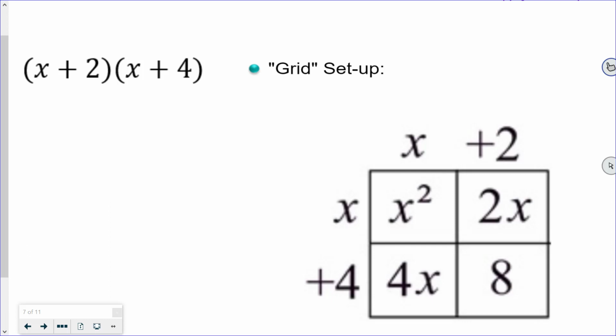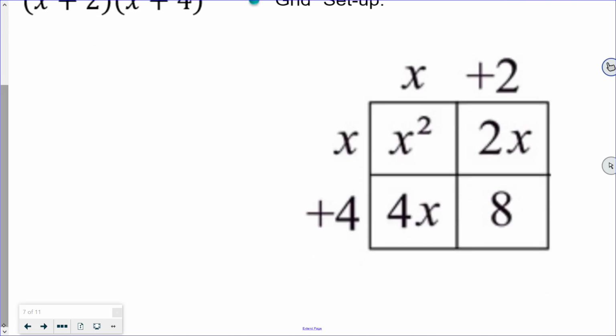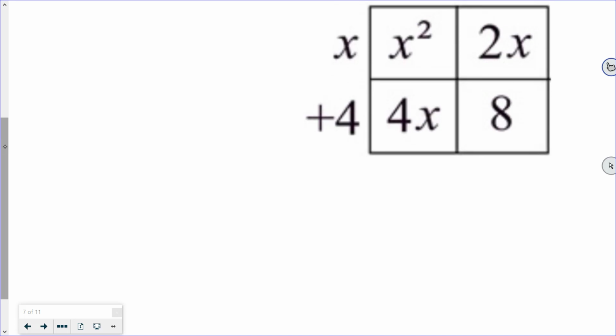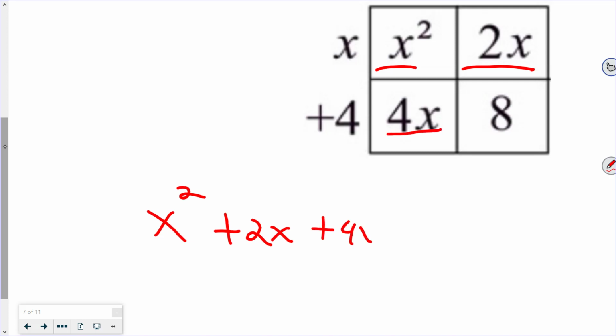Once you have your terms, you could just write your terms and combine like terms. So after we do the grid setup, we'll take our terms, x squared, positive 2x, positive 4x, and positive 8.